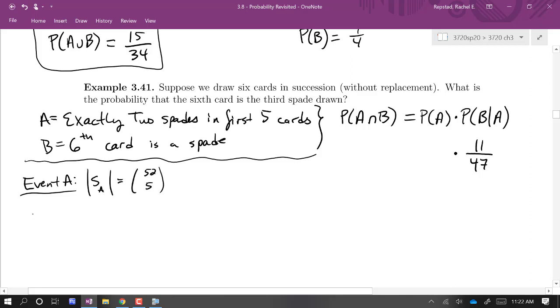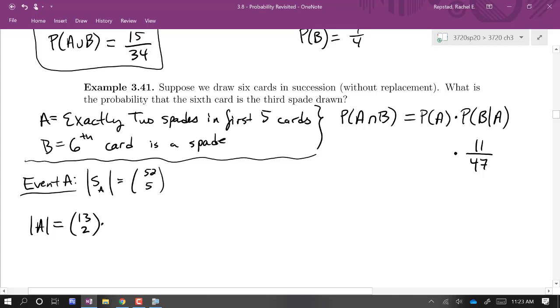Now the number of ways that A can happen. I want to get exactly 2 spades in those first 5 cards. So how many ways can I grab 2 spades? Well, I'm grabbing 2 spades, and I need them to come from the 13 spades that are in the deck. So 13 choose 2 is just the number of ways to get 2 spades out of 13. But that doesn't account for all 5 cards that I'm drawing. So I need to multiply by this.